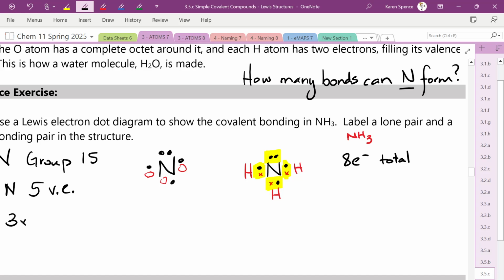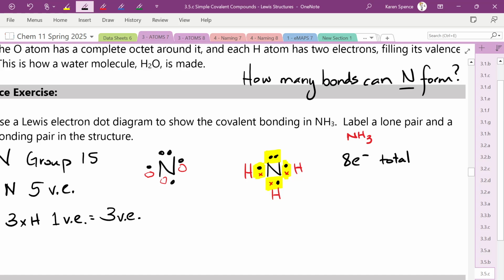We had 3 hydrogens, each of which have 1 valence electron. So how many valence electrons do we have from all 3 hydrogens together? Each hydrogen has 1. We have 3 hydrogens, therefore we have 3 valence electrons. Okay? Like 3 times 1 is 3, folks.